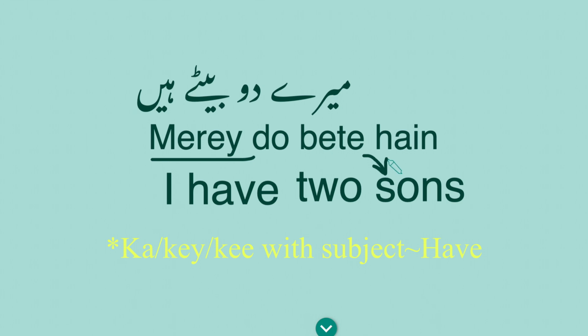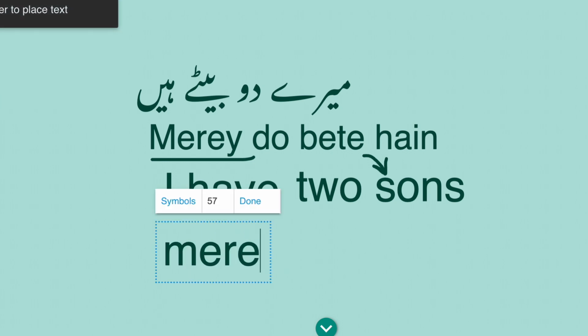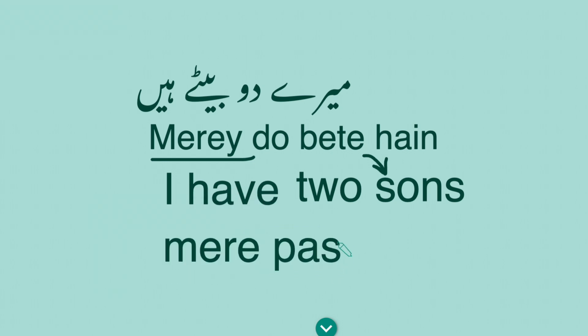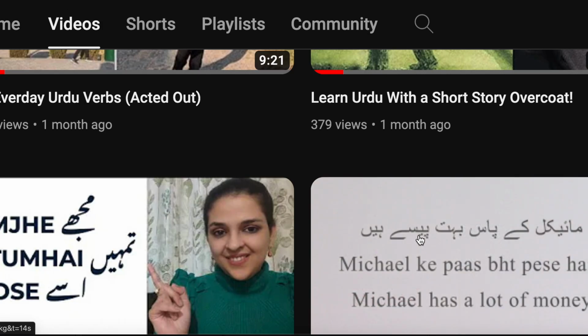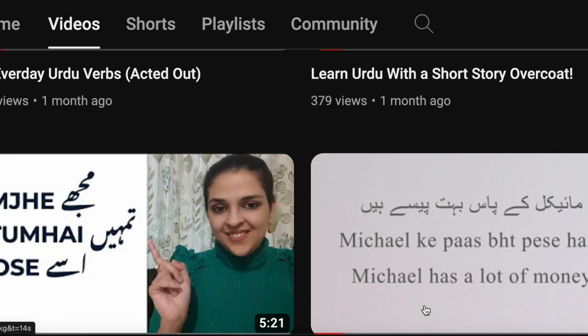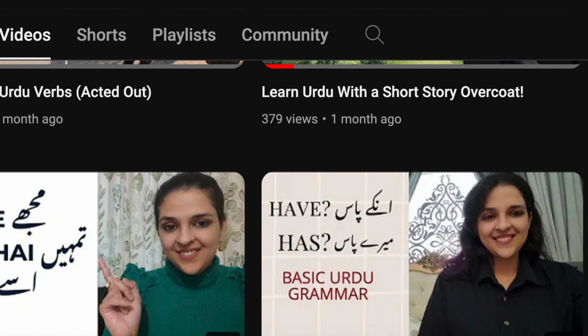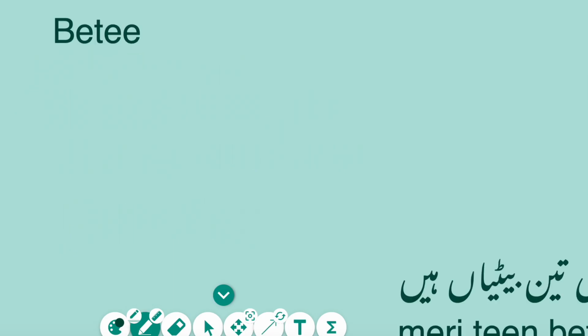This is quite a common mistake I see my students make, and they say मेरे पास दो बेटे हैं. But for relationships you use the possessive adjectives, like ka ki, as I have. I have made videos on most of the grammar points, and you can check my profile or the playlist to learn from them.